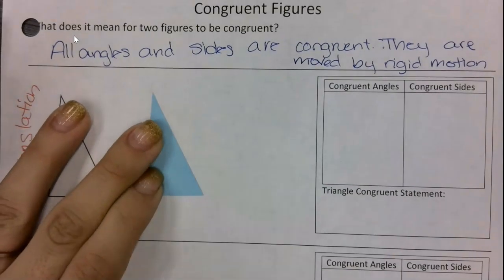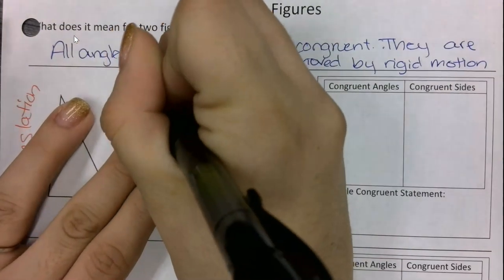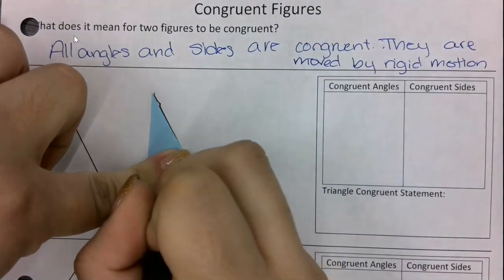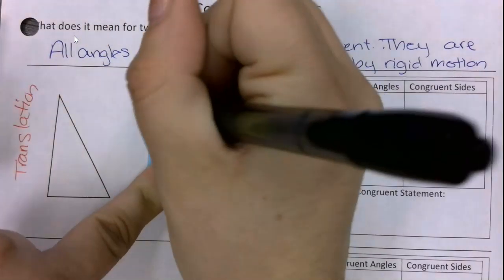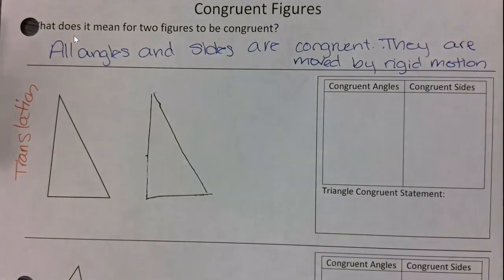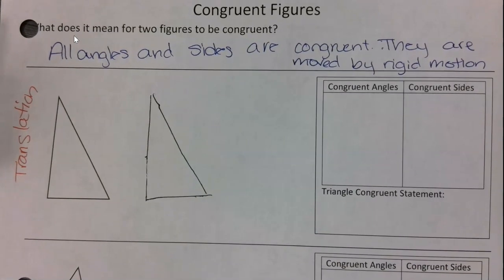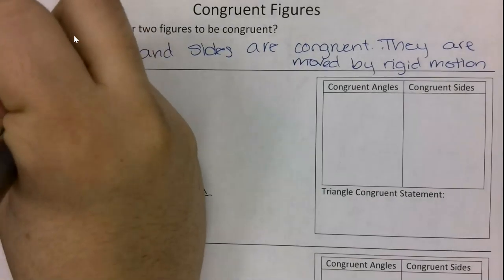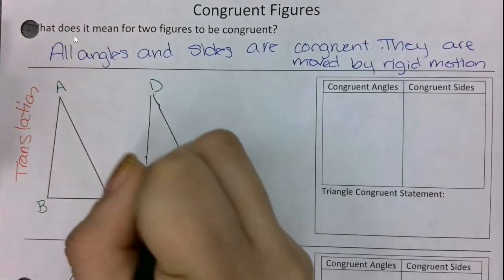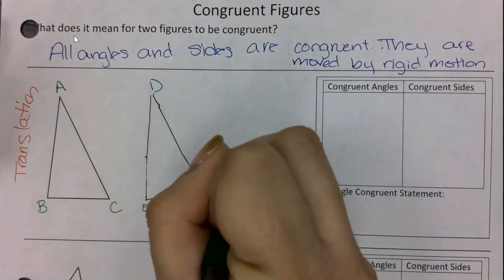So I am going to move it over, and then I'm going to trace my triangle. I'm going to label my angles.